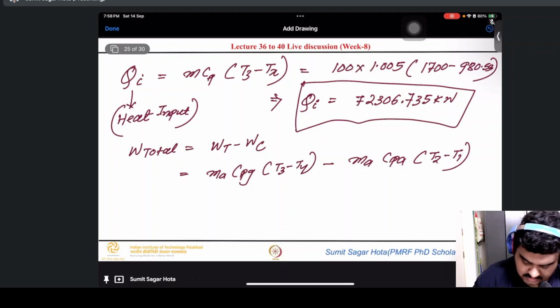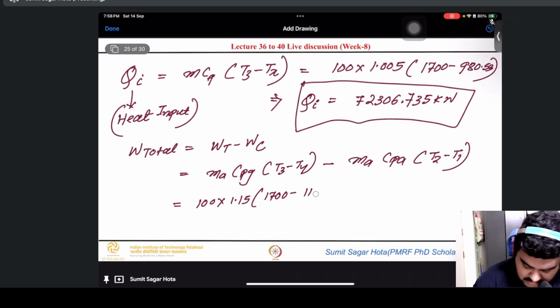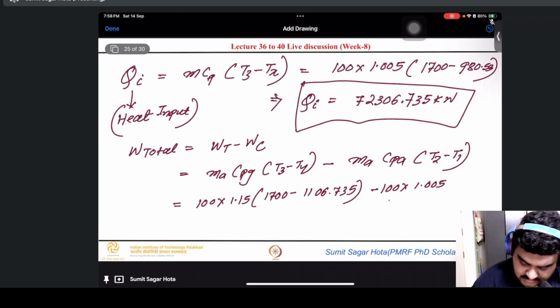Which is equal to 100 into 1.15 into (1700 minus 1106.735) minus 100 into 1.005 into (603.34 minus 288).